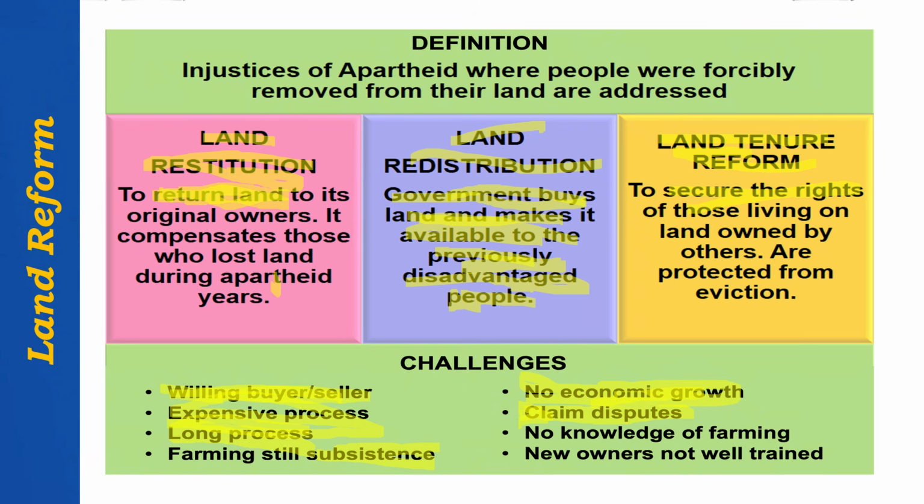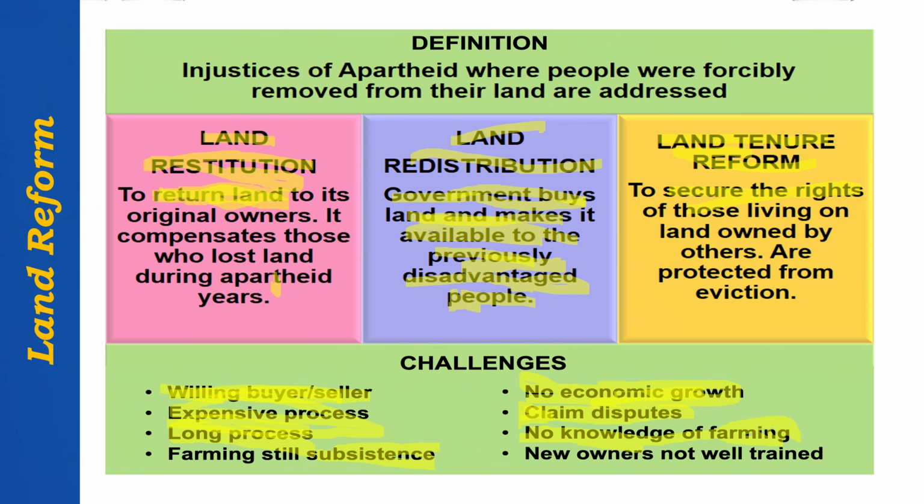There's no knowledge on farming. Some people can get back the land, and then you find that they have no knowledge of farming. They have poor knowledge. Some of them are not even interested in being farmers. We know that will affect the economy of our country because agriculture contributes a lot to our gross domestic product.